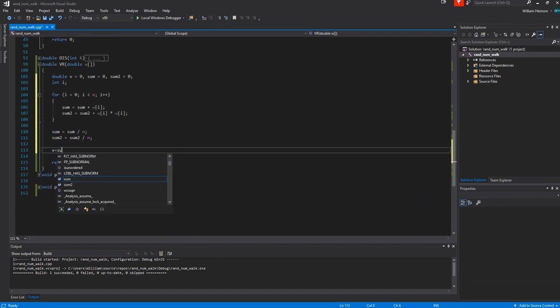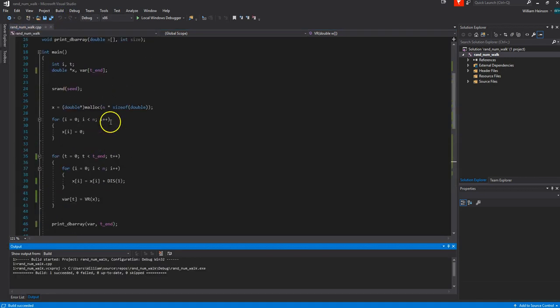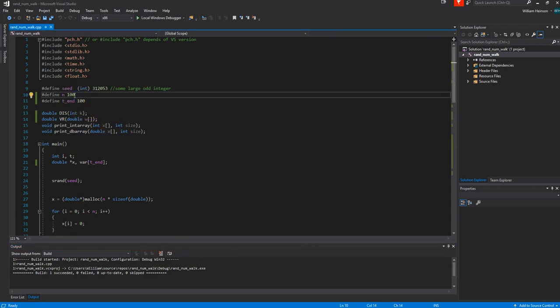V equals sum 2 minus sum times sum. Okay, let's actually do case 1 with, say, 100,000 walkers, and we'll just do time t.